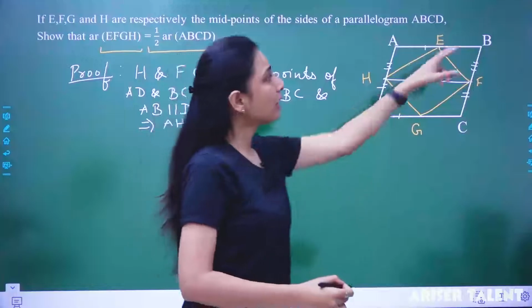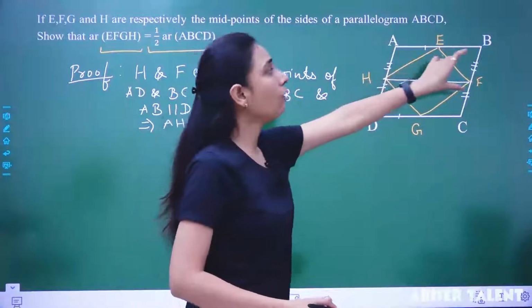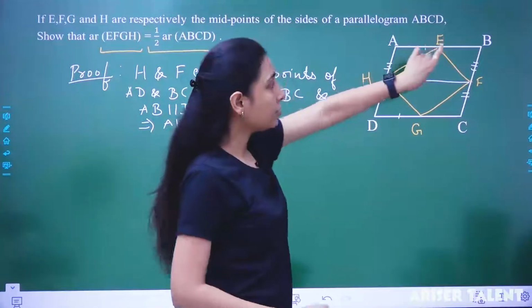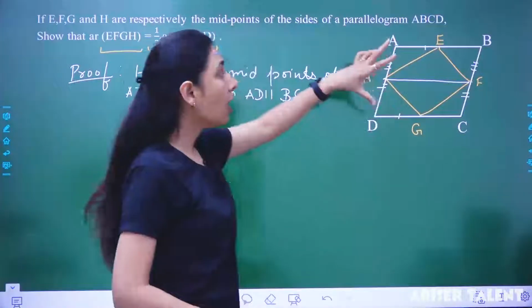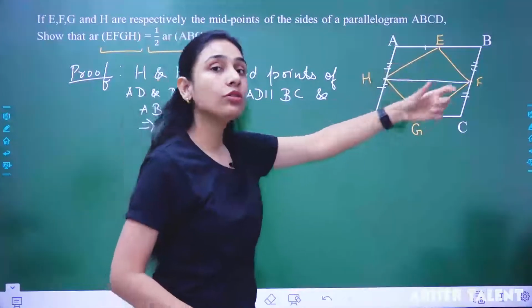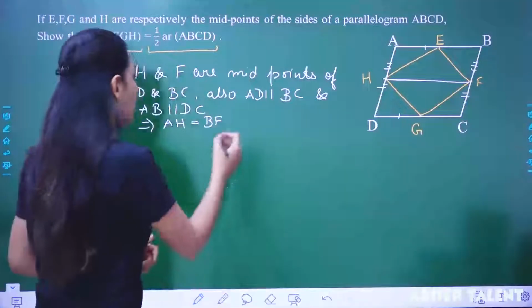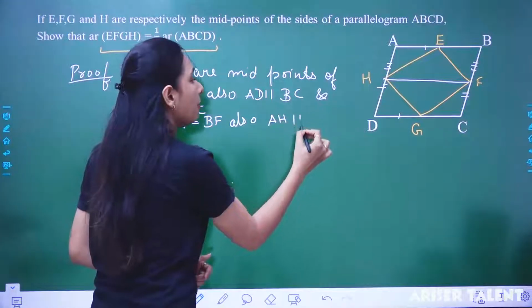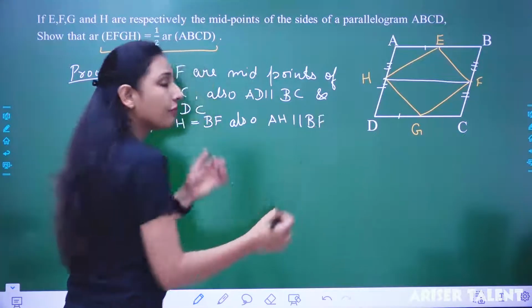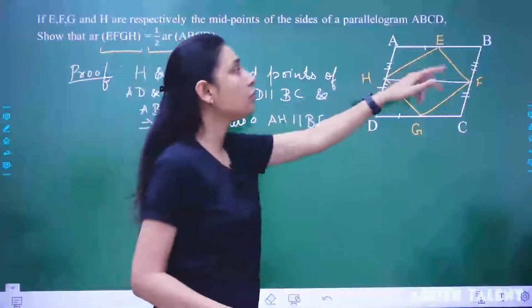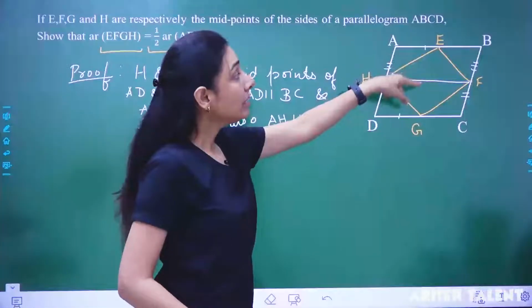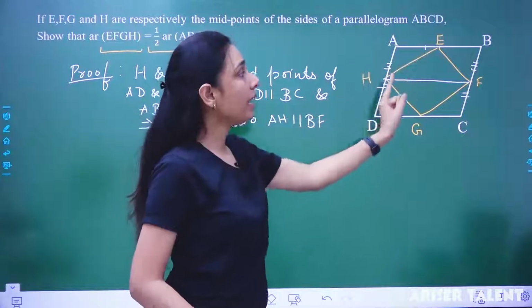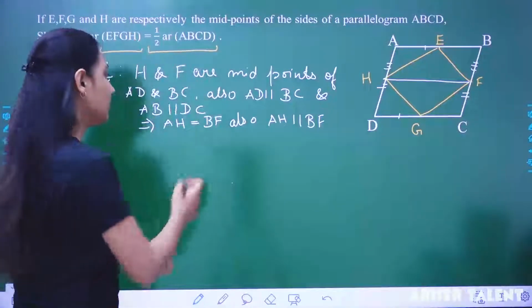So AH is equal to BF. Also, AH is parallel to BF, since parts of parallel lines are also parallel to each other. Now AB and HF are also parallel.